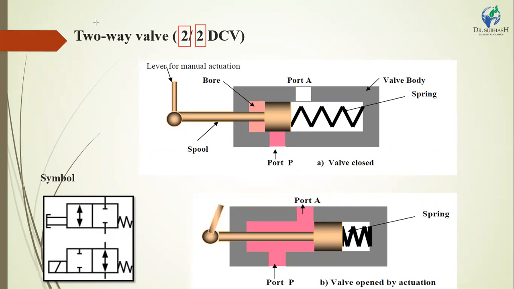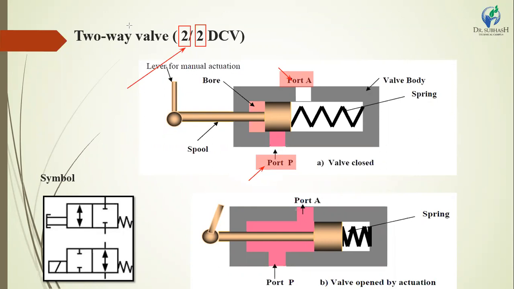The first digit mentions the number of ports: how many ports are available. 2 means here port 1 and here port 2. Both are the number of ports available in the direction control valve.